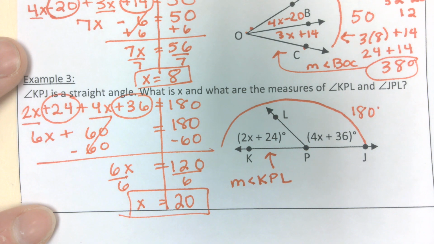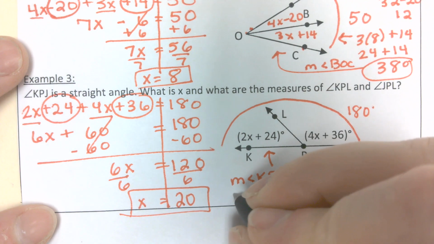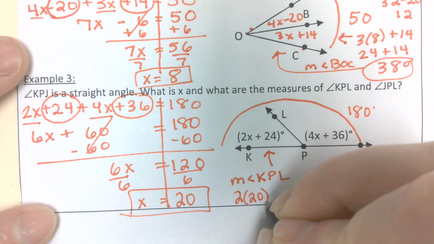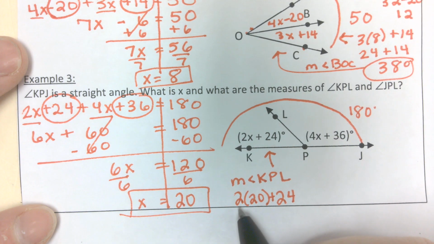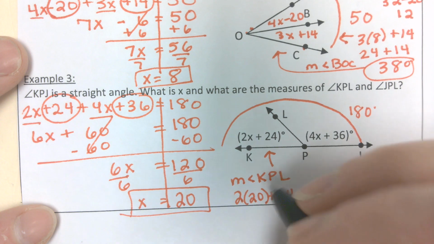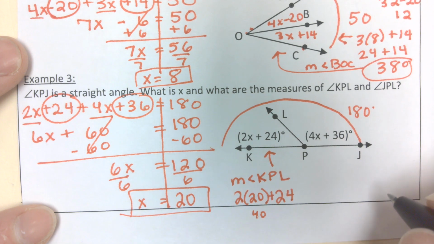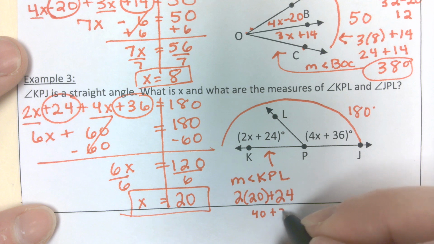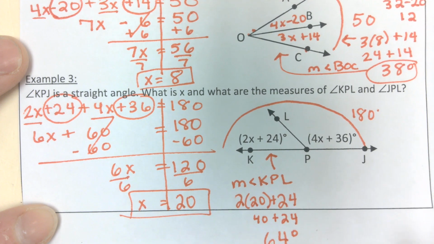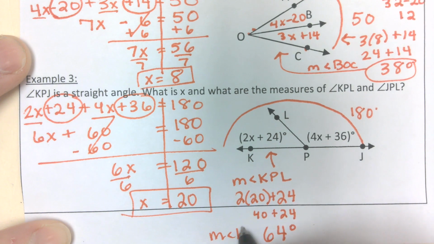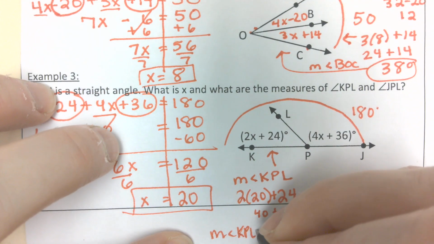Plug it in. Yep, substitution. So 2 times 20 plus 24. What's 2 times 20? 40. Plus 24. 64 degrees. So measure of angle KPL equals 64 degrees.